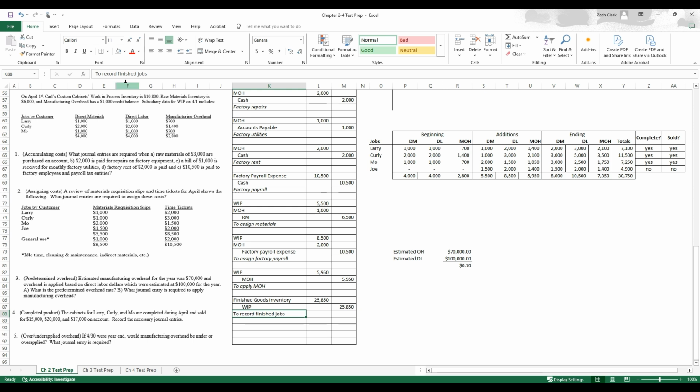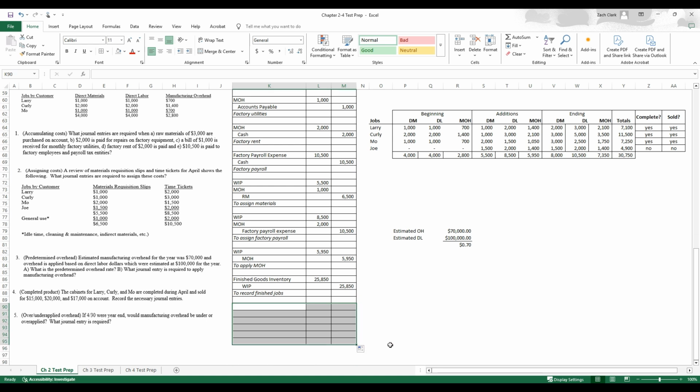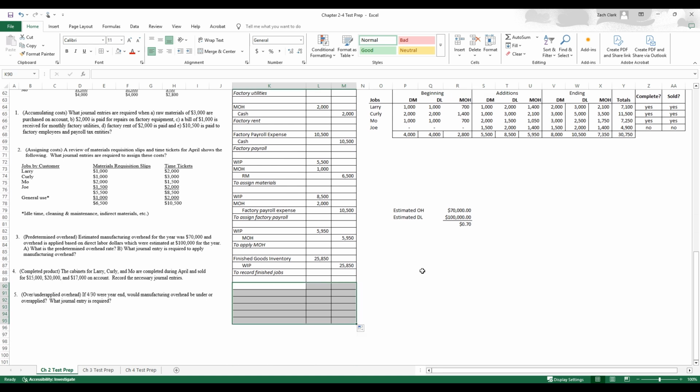And then all 3 were also sold, and it has to tell us how much they were sold for. So, okay, here we go. And we can record all 3 sales within one journal entry.